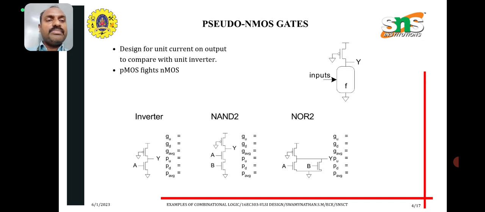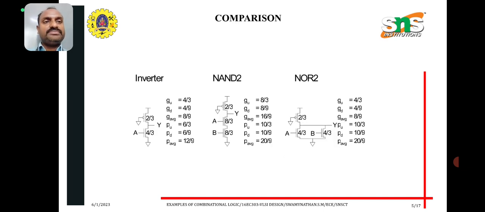Look at the common generic diagram on the right hand side. PMOS is grounded and the input F is given to the pull down network. It is designed for unit current on output to compare with the unit inverter. So PMOS always fights with the nMOS.